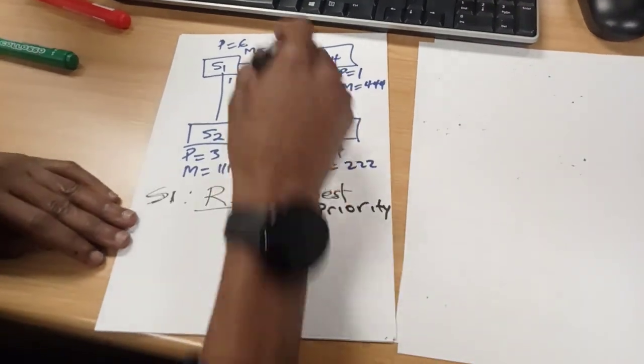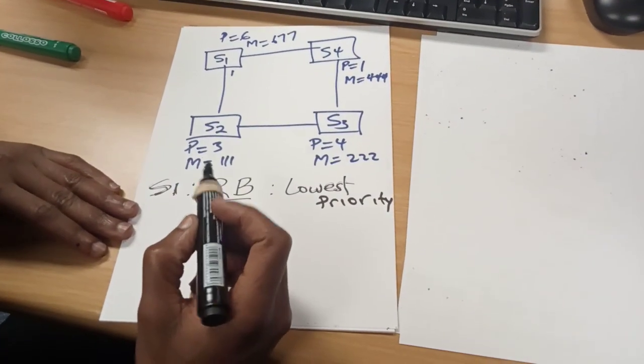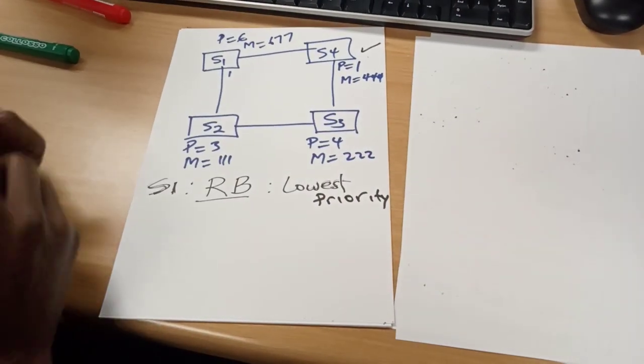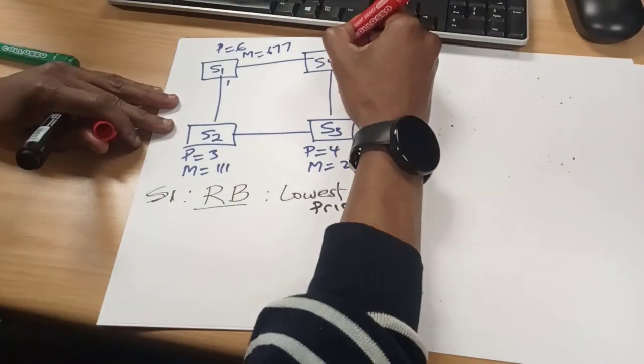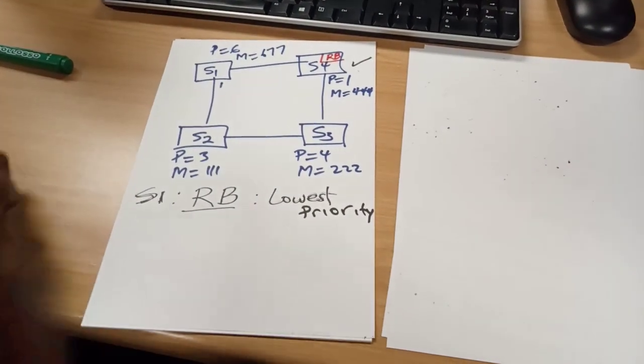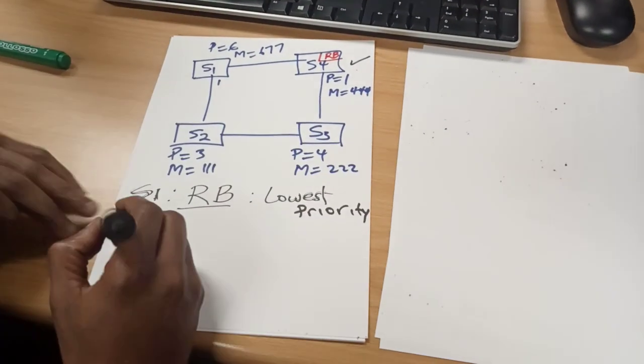If you go to those 4 switches, the one with the lowest priority is this one, so this one will become your root bridge. This is where you have to start. You have to go step by step.